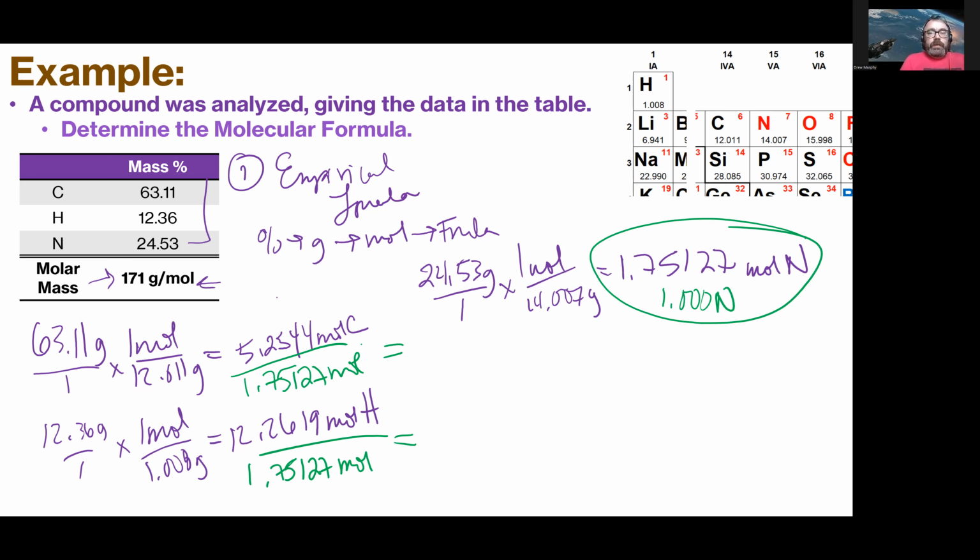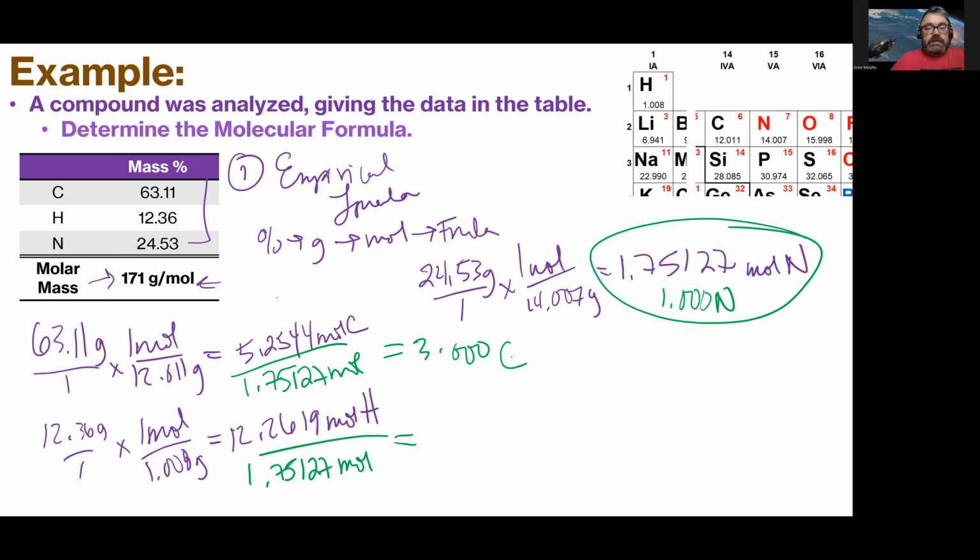All right, so what do we got here? Carbon moles divided by nitrogen moles is, oh, that's nice, 3.000. And then for hydrogen, we take our hydrogen moles and divide by our nitrogen moles.